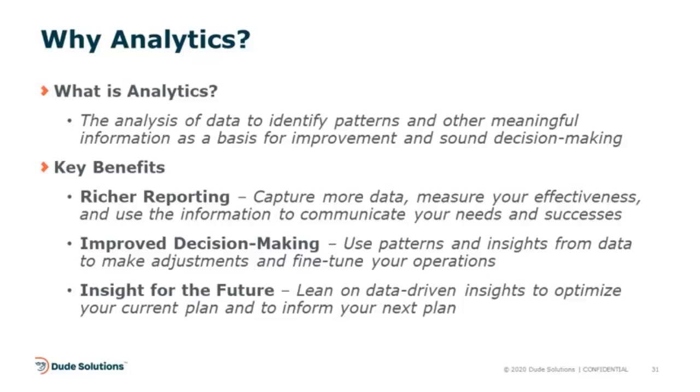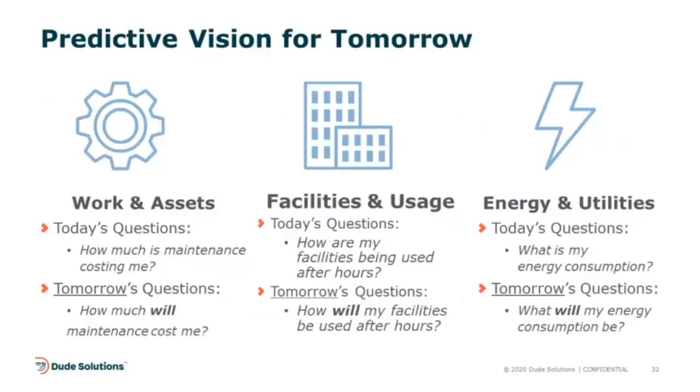So the next sequence is based on that foundation of what you're trying to think about. You want to tee up what kind of questions you may have. So we label this the predictive vision for tomorrow. As an individual and as a team, you want to ask yourself questions of where have I been, where am I today, and where am I headed?